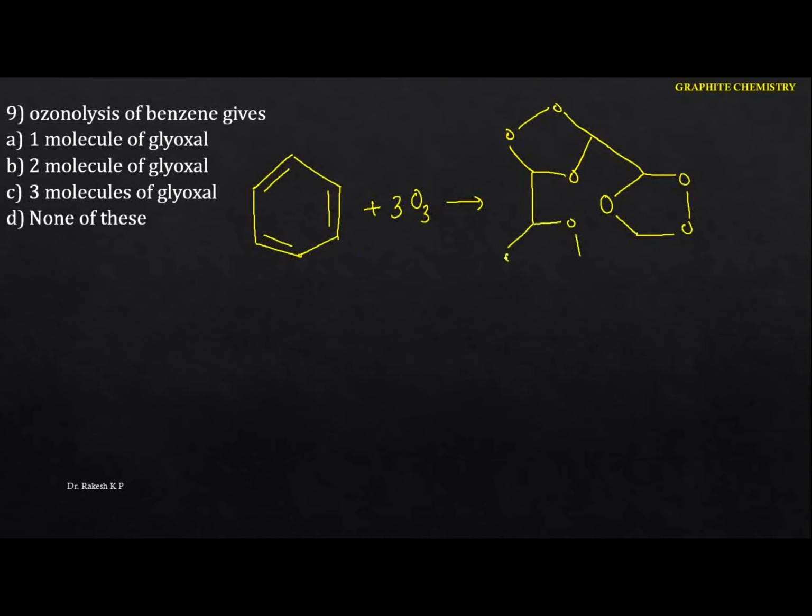Just identify, this is one of the ozonides. In the second, we got the ozonide, and the third double bond also gives an ozonide. This is what you call benzene triozonide. The name of this compound is benzene triozonide.